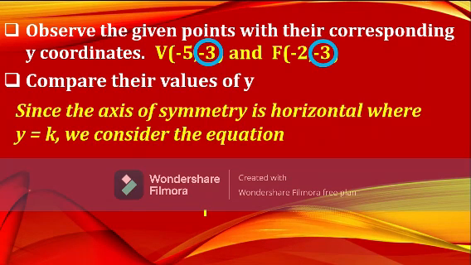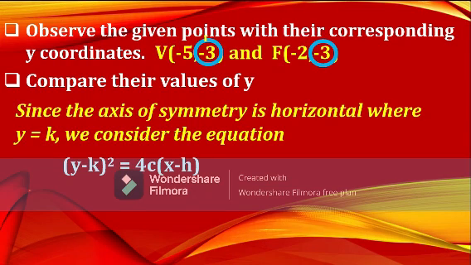Now, since the axis of symmetry is horizontal, where y is equal to k, we consider the equation y minus k quantity squared is equal to 4c x minus h. Always remember, always notice the axis of symmetry.